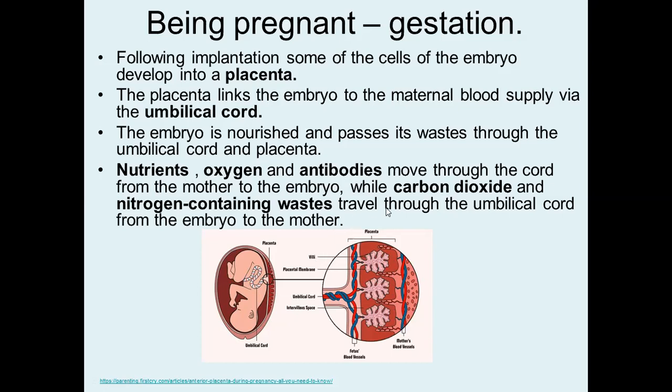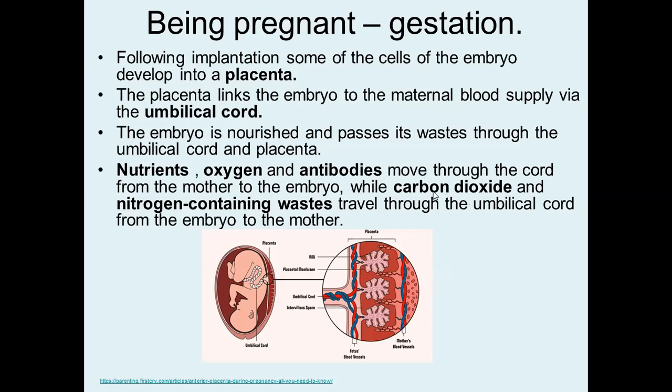Reverse route, carbon dioxide and nitrogen containing wastes that are normally excreted in urine, like urea and uric acid, are able to pass down the umbilical cord in the blood vessel, and when they reach the placenta, they will diffuse from the embryonic tissue or fetal tissue into the maternal blood, and in fact will pass out with the mother's waste substances.